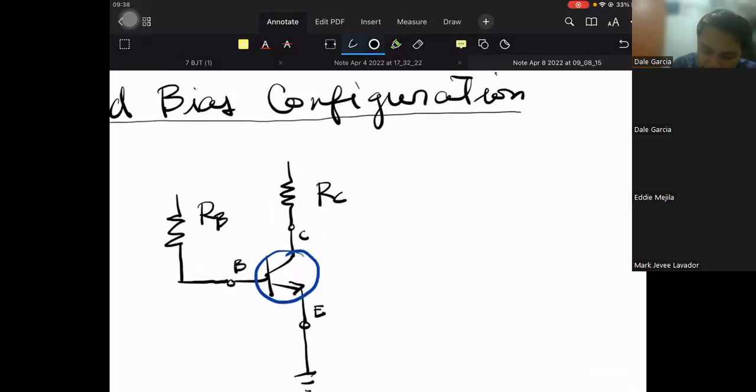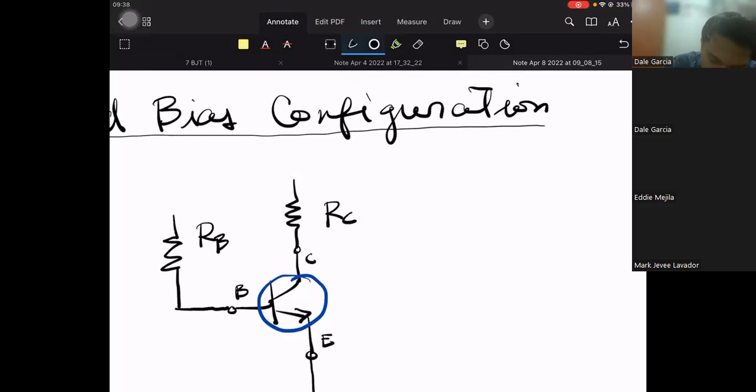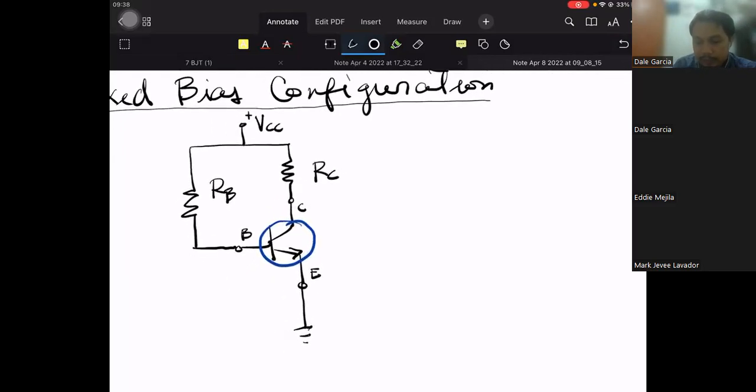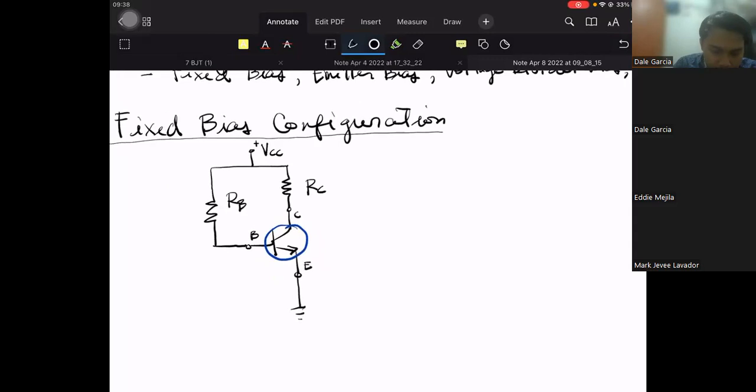Both resistors connect to a common voltage source that we call VCC, and it's always positive. This is the fixed bias configuration.